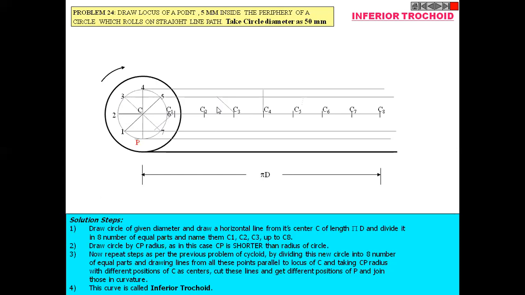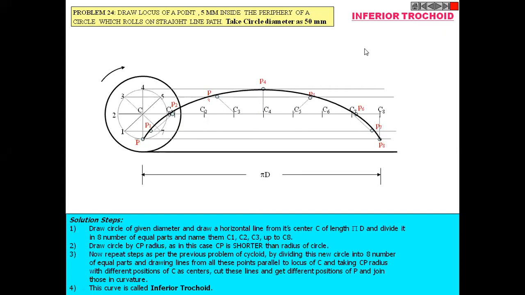In the same way, generate all 8 intersections, then give names to the different positions. Then by joining with a smooth curve, we will get the curve. This curve is the inferior trochoid.